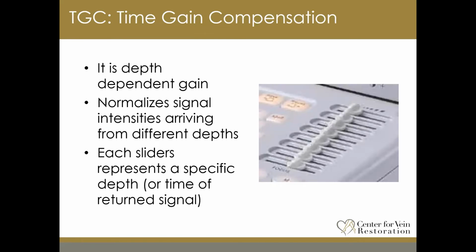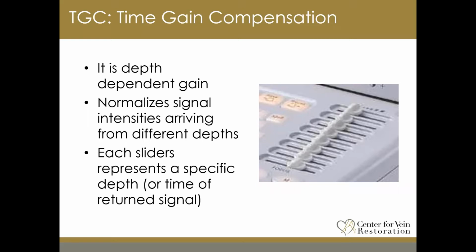Time equals depth. It takes 13 microseconds for ultrasound to go 1 centimeter in soft tissue. Our ultrasound units know how long it took to get the return signal and display the signal on the screen at a certain depth.